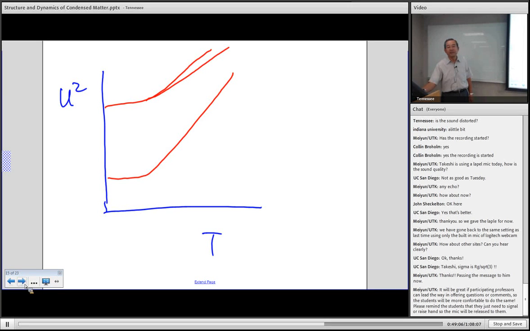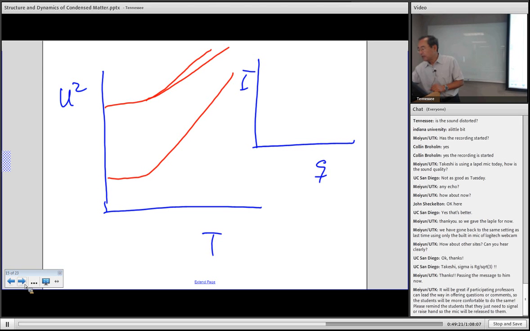So what happens when you get U larger than expected? That means if you measure intensity as a function of Q, you expect this kind of decrease in intensity. But if you do a real measurement, it decreases much more quickly, right?